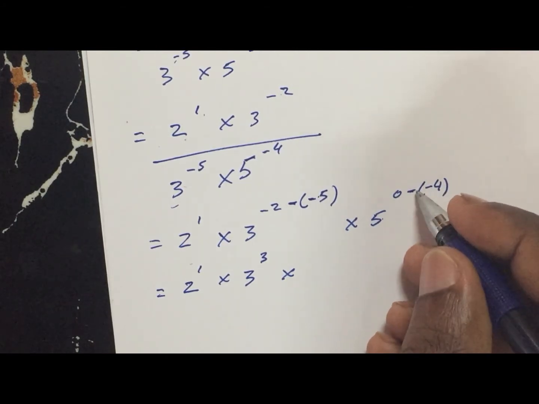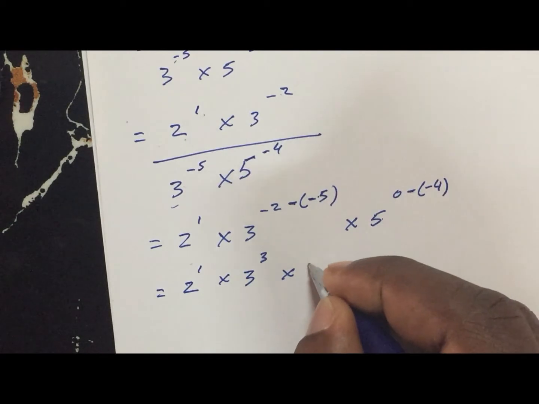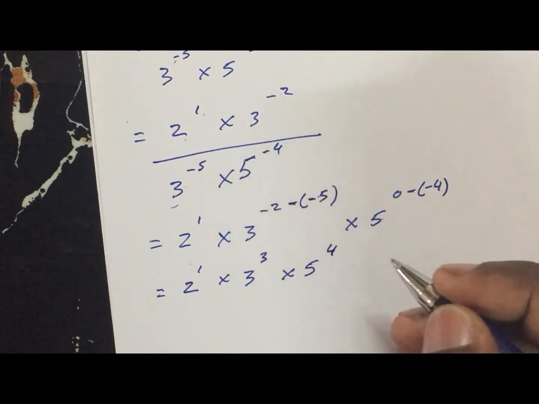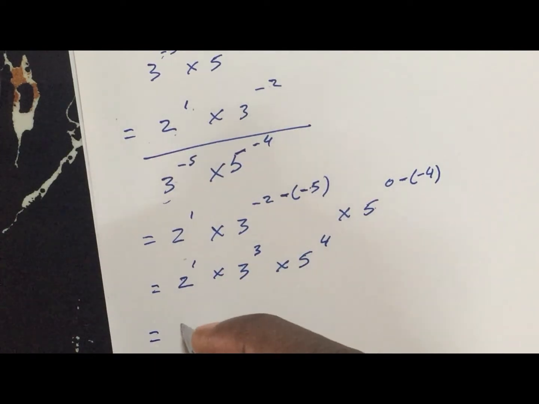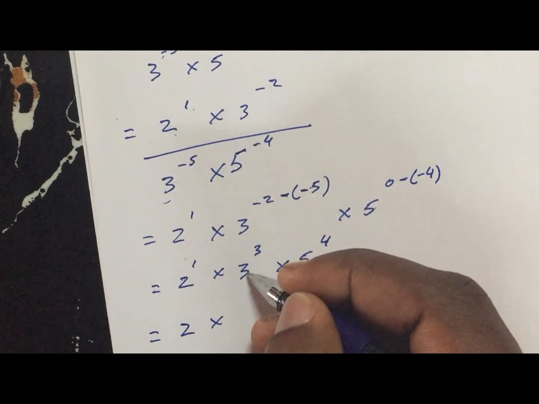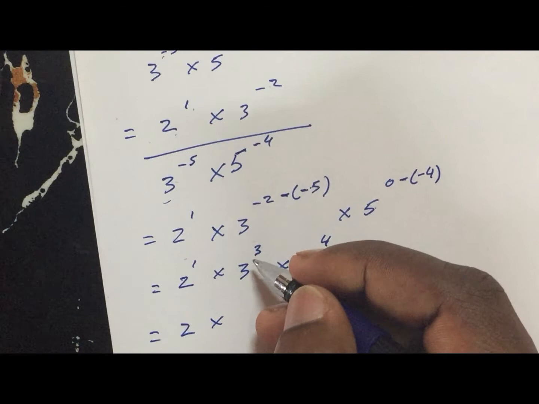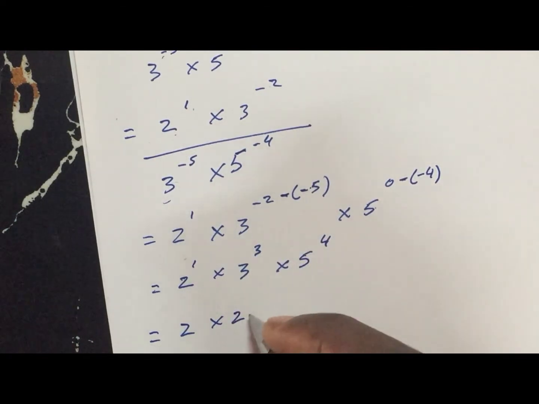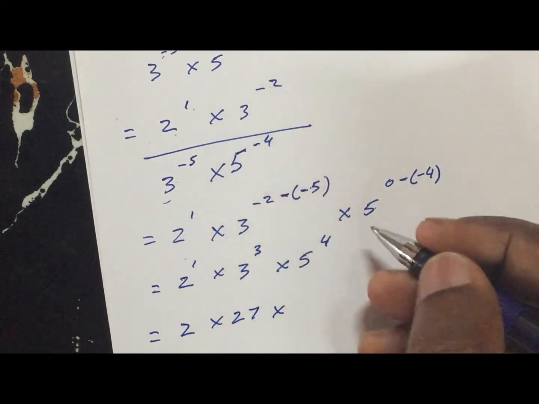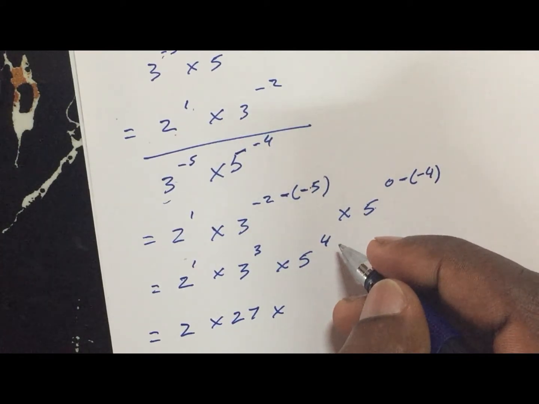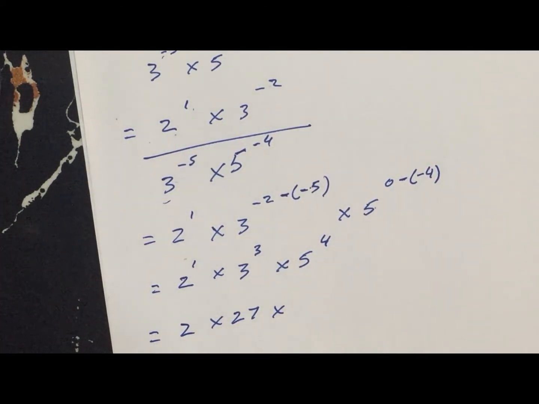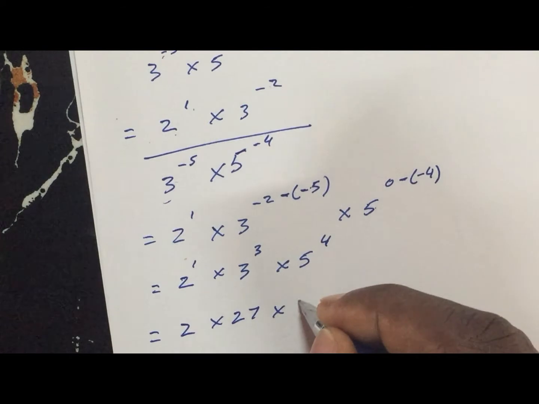Negative and negative gives positive, so we end up with positive 4. So you can further simplify. 2 to the 1 power is 2. 3 3s 9, 9 3s 27. Likewise, 5 to the fourth power gives us, come on, work that mental, let me hear you. Close enough, yes, 625.